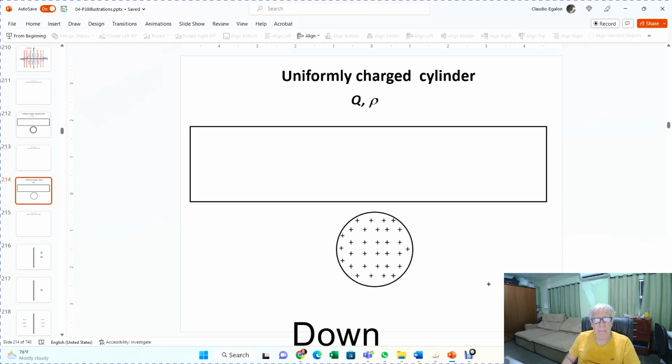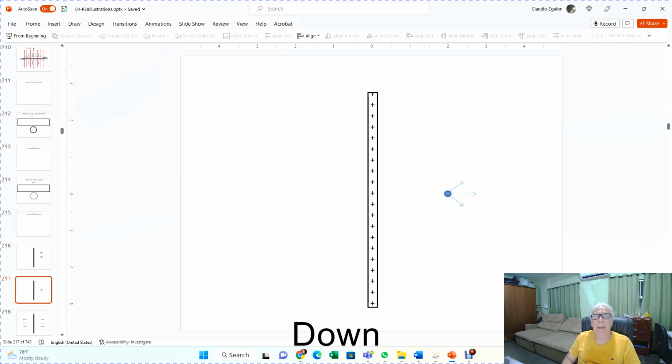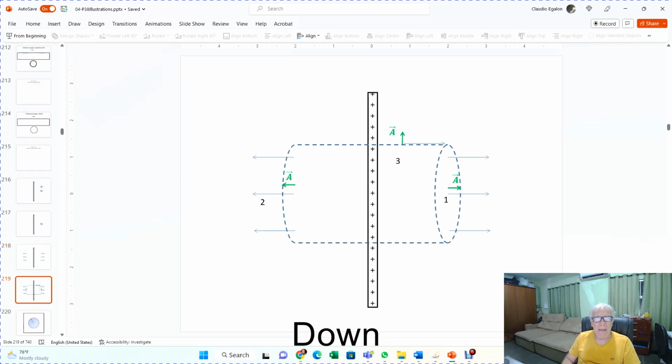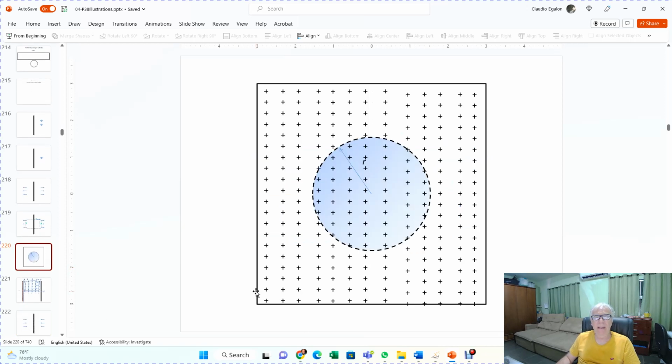So that's the important difference between the planar surface and the one-dimensional rod. In the previous one, the electric flux cancels at the caps, whereas in this one, the electric flux cancels at the cylindrical surface.